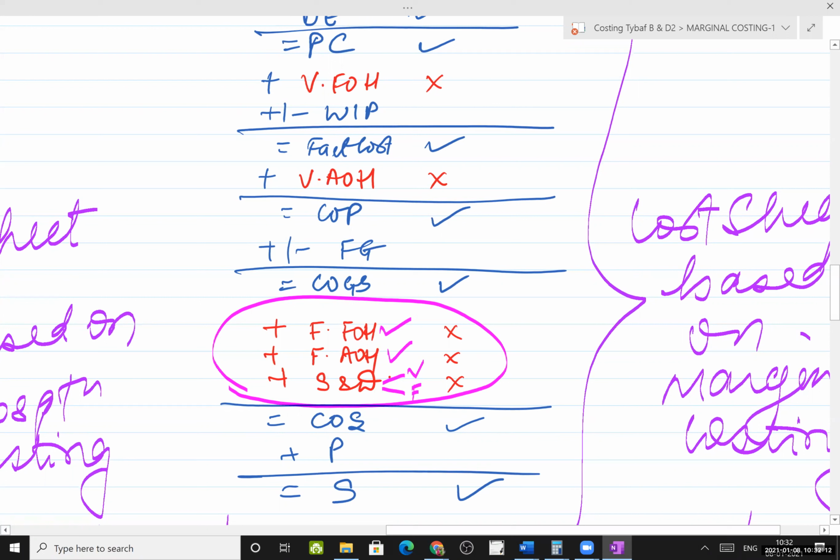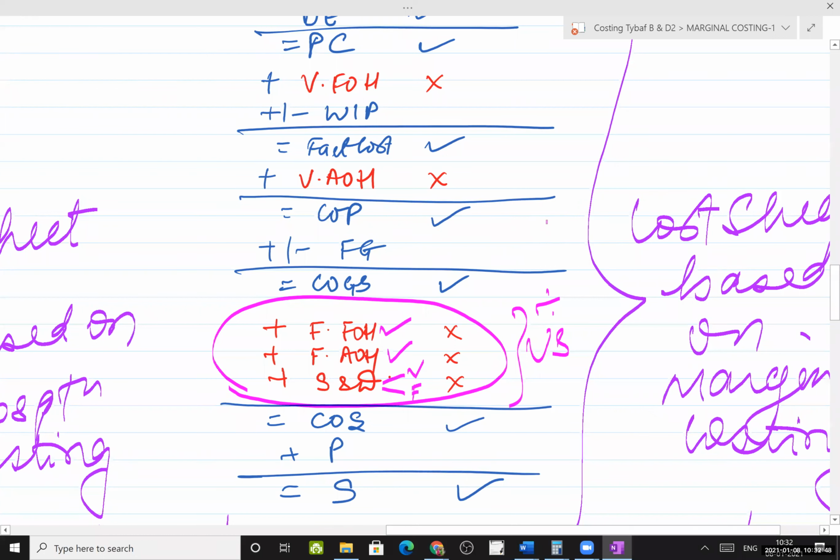Understood? Is it clear? A little variation. Yeah. Okay. Selling and distribution's basis is anyway units sold. So here you will see your fixed factory, fixed admin, selling and distribution, whether it is variable or fixed, the basis of calculation will be what? Units sold. Okay. And the rest, can you see here? Everything till here is units produced, and here it is units sold.